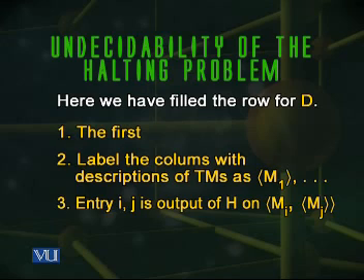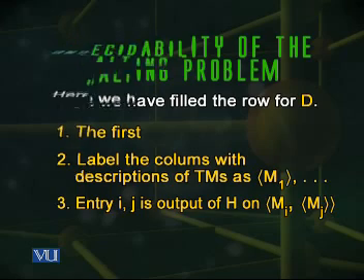The ith entry for the row for D will just be the opposite of the output of H on Mi, Mi. So we go to the diagonal and flip it. We look at the diagonal of the H matrix and flip the diagonal entries in order to get the row for D. Now, if D happens to be a bona fide Turing machine, then it would be labeling one of the rows.